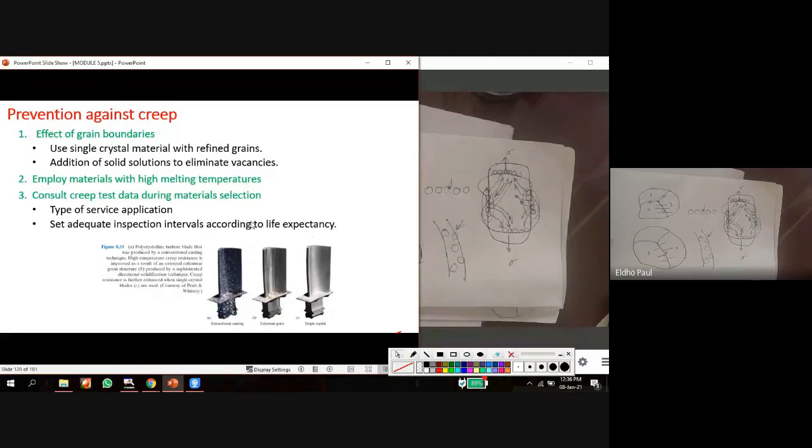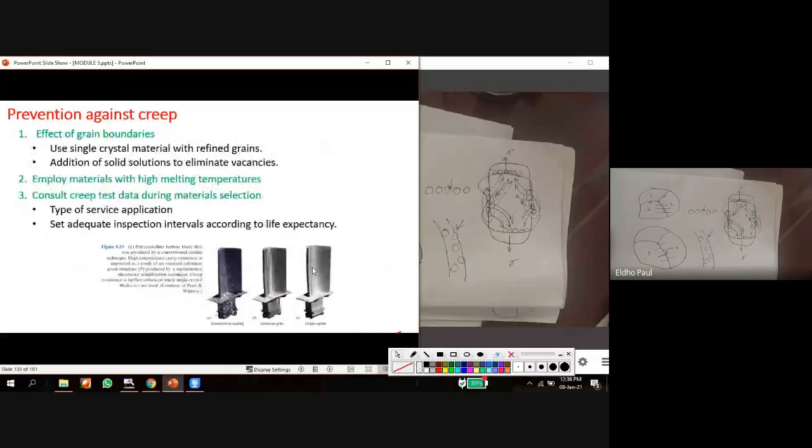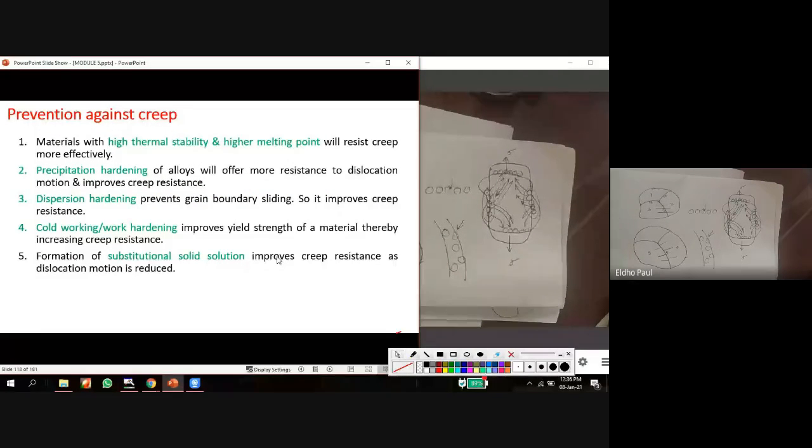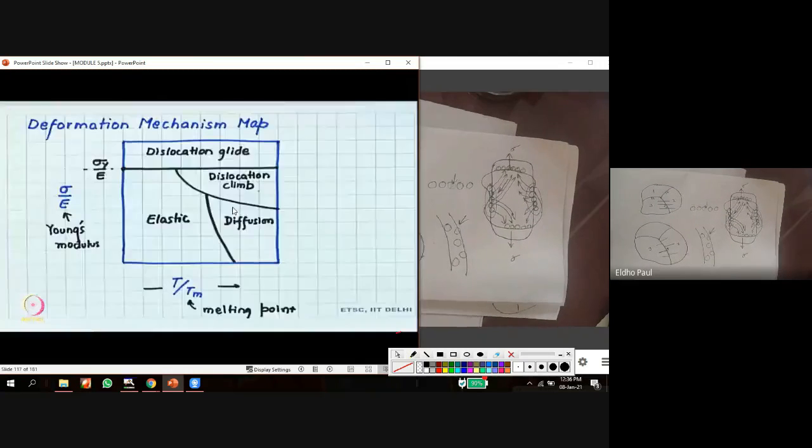So by using such materials or design considerations, we can improve the creep resistance. That is about the effect of different factors, and how we can prevent creep by solid solution formation, hardening methods, cold working methods, etc. Okay, so that is about the prevention methods.